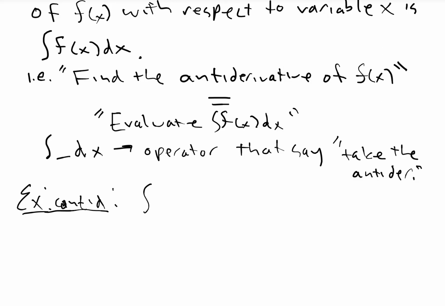If I wanted to find the antiderivative of 3x squared, since this guy is stuck in between those symbols, we have already discussed the fact that x cubed is the thing that it looks like you derived to get to 3x squared. We've already discussed the fact that for the most general antiderivative, you want to throw a plus c on the end. This is just fancy notation for me to say, hey, take the antiderivative of this thing right in the middle here. That's all it is, okay?